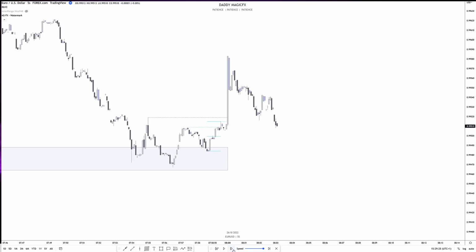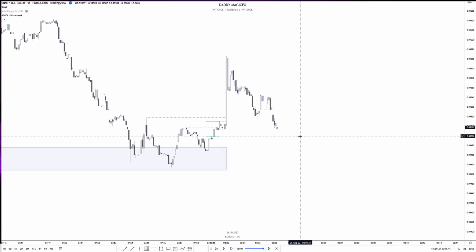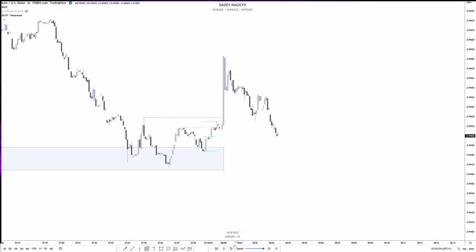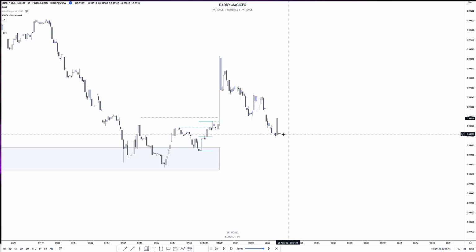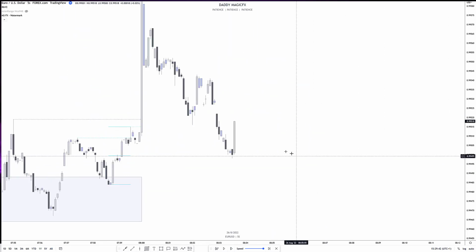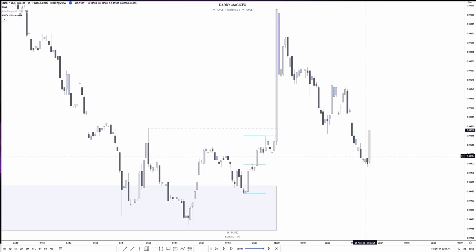So here we come down, coming down, almost there. We tap in right there, and we get that nice reaction. It's a chock, it's all sorts, it's really nice. It's exactly what you want to see on the 5-second.